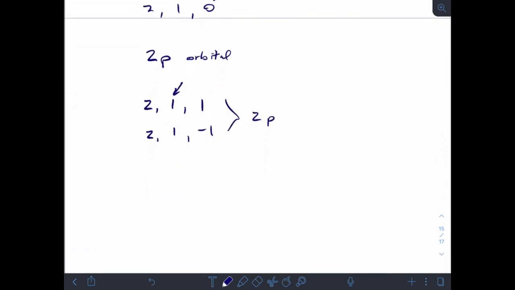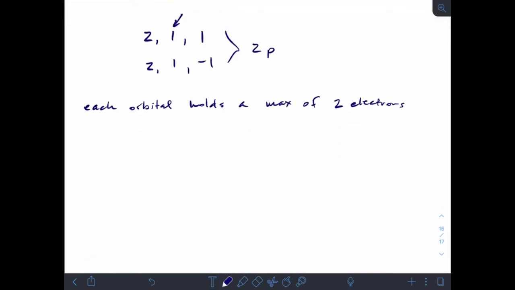Now, each individual orbital can hold a maximum of 2 electrons. Okay, so the p orbitals, I have 3 p orbitals, right? There's a px, a py, and a pz. That means that I can hold a total of 6 electrons.